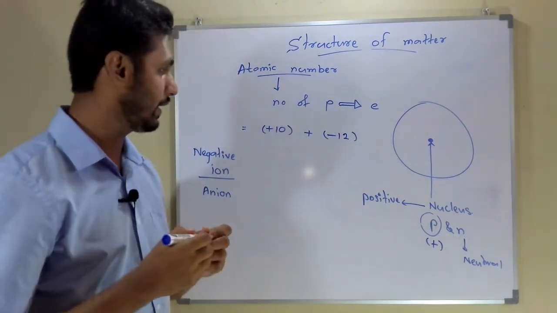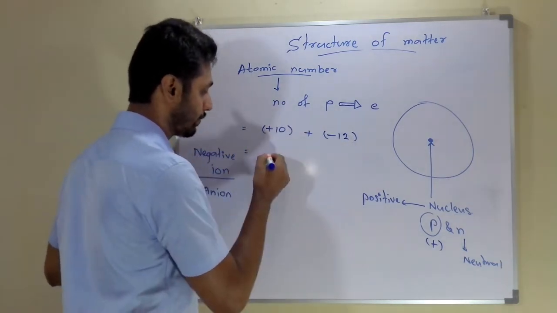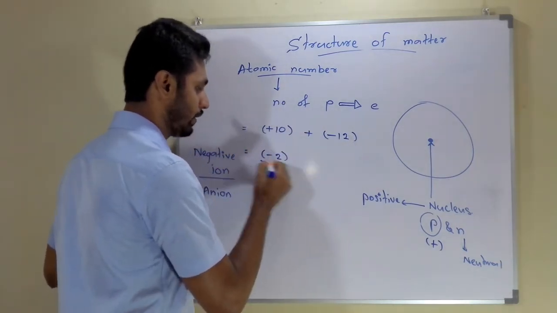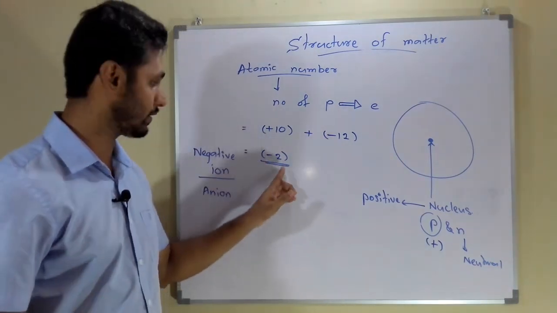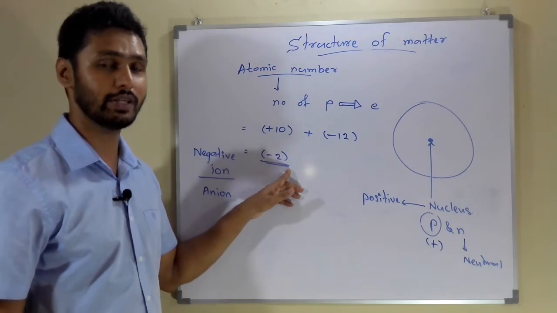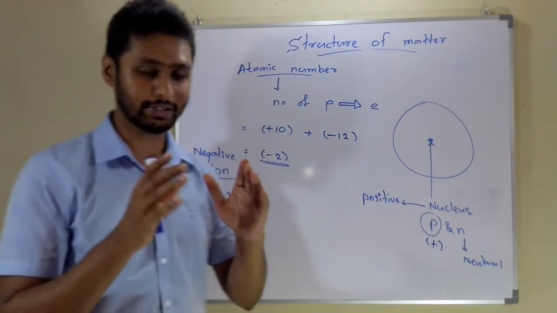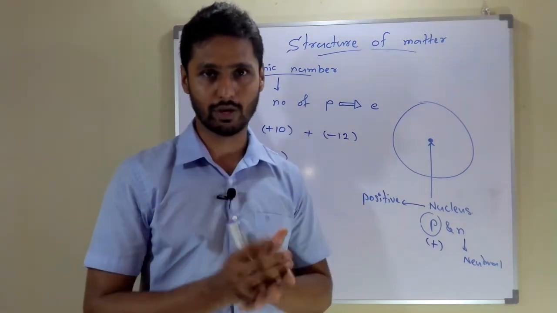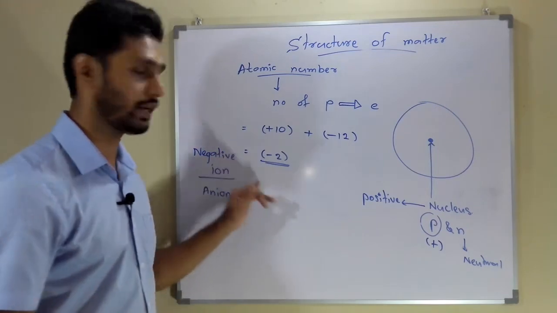So you can see the total charge is plus 10 plus minus 12 means minus 2. So it has a net total charge that is negative. So this one should be an ion. It is not an atom now. The charged atom is known as an ion.